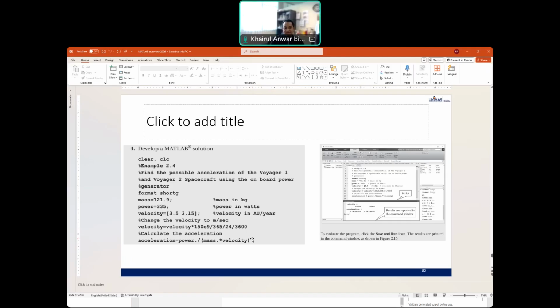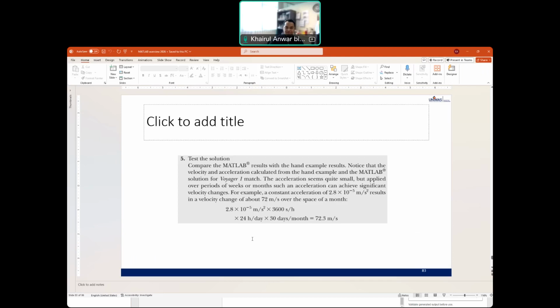So it's in an array. That's why you need to use dot multiplication and dot division, especially the dot division. Then we test the calculation and compare with the textbook example.